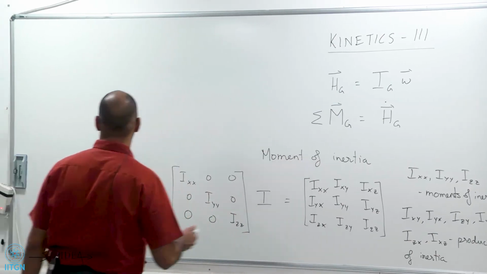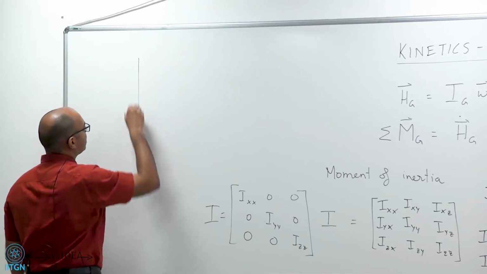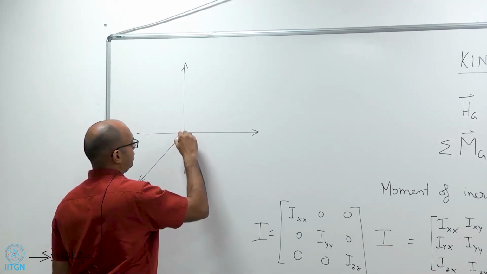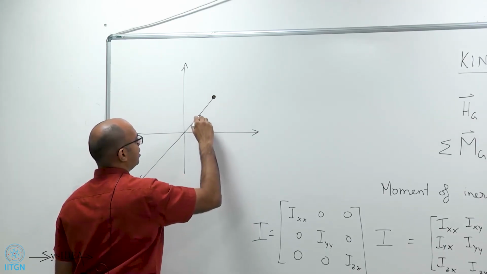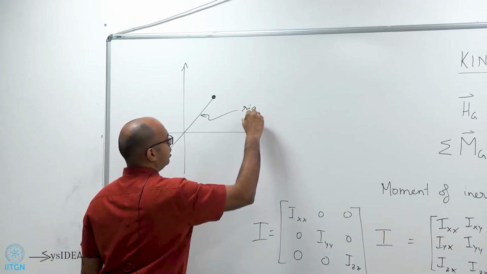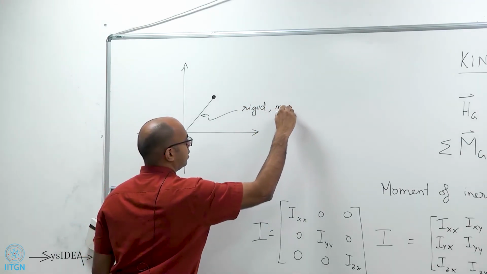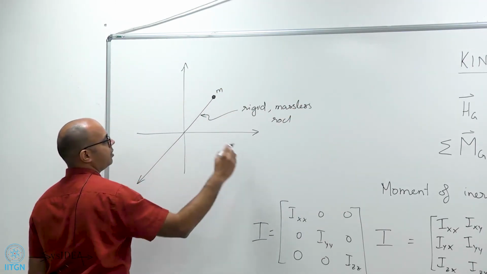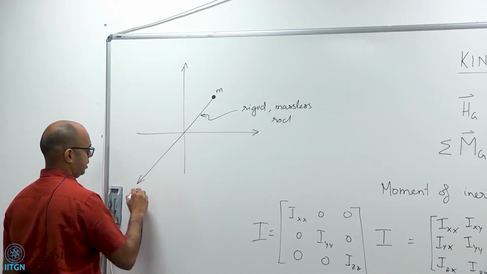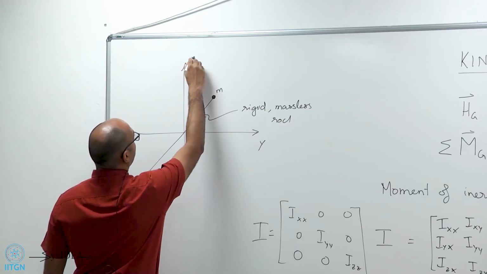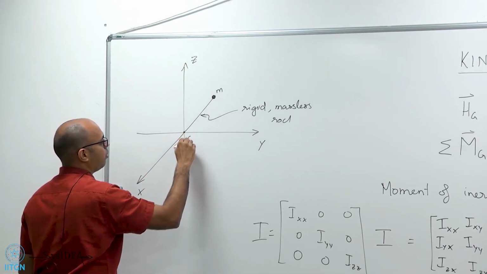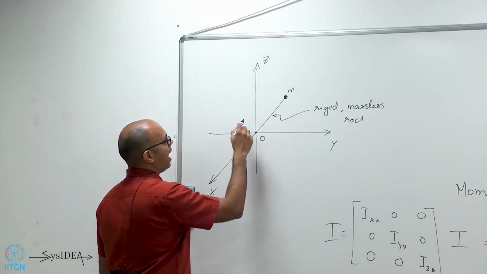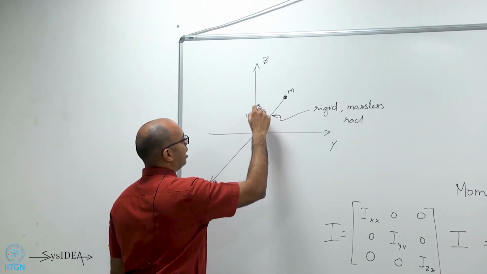Now if we were to look at a physical example, let's just make up a very simple example where it's essentially just a point mass, but at the end of a rigid massless link, and let's say this is M, and let's say these are x, y and z axes, and this is point O. Now imagine this is pivoted about O and has an angular velocity omega about z.